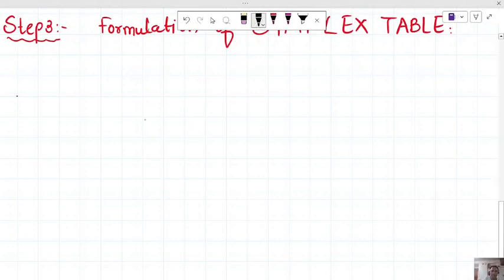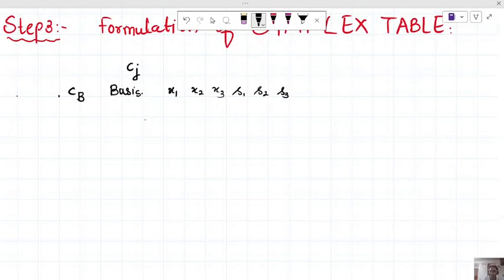First we leave two lines, two spaces for writing some extra stuff, and then here we write CB, and there we write basis. Above basis we write the Cj, the cost coefficients, the coefficients which are there in the standard form. Our variables are x1, x2, x3, s1, s2, s3.